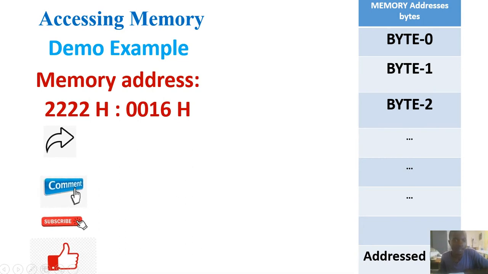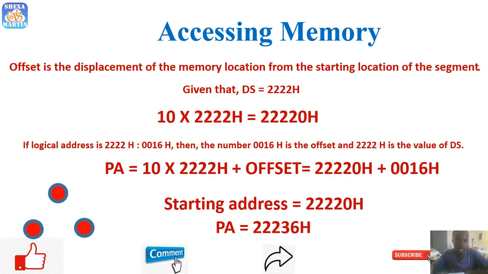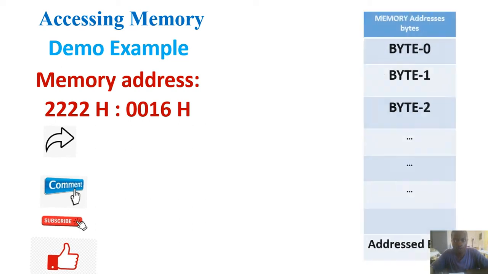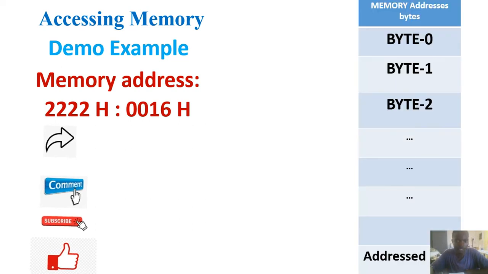So how do we get to the addressed byte, which we have calculated before? The one that we have calculated before is 22236H. So we have our data segment like that with all those bytes.